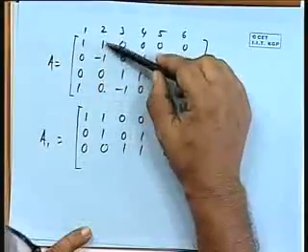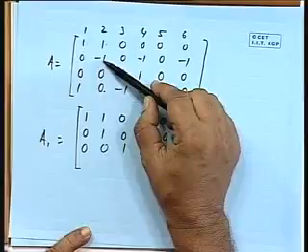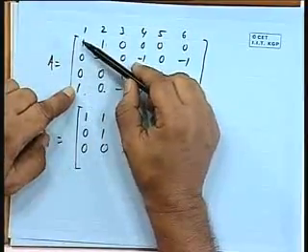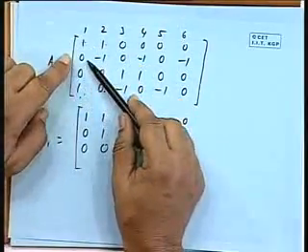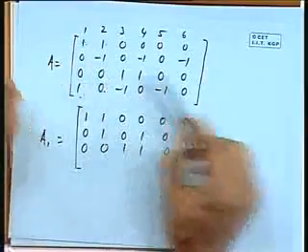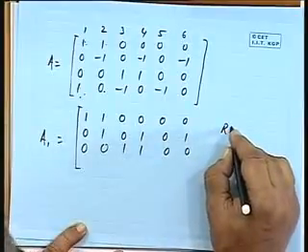I can subtract this one from here, so say plus 1. Then if I add this second one, that will create a 0. So row 1 minus row 4 plus row 2, what do you get? Let us be satisfied with that operation.